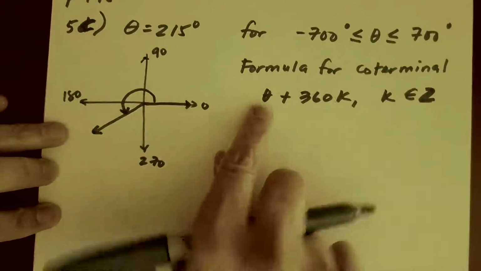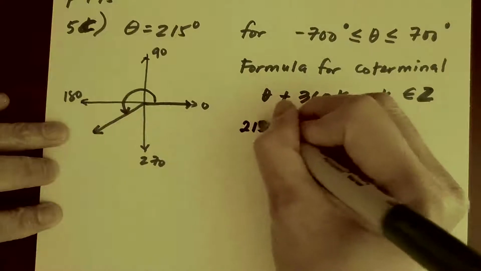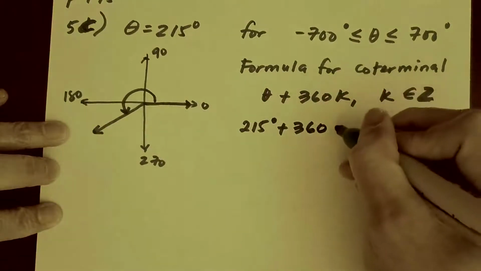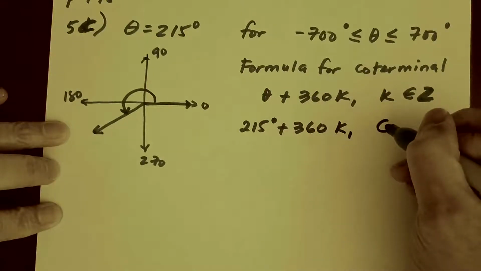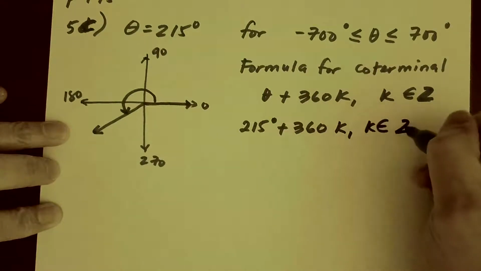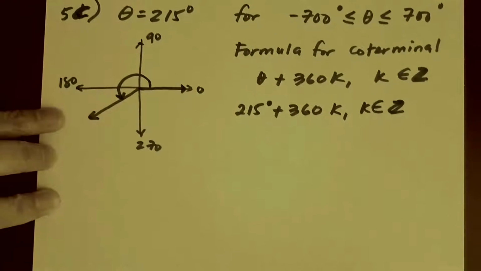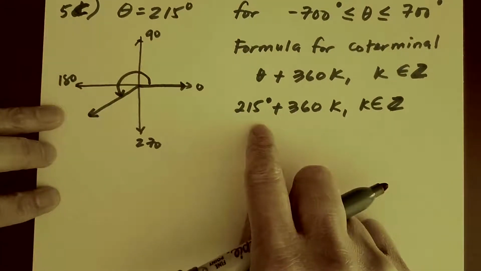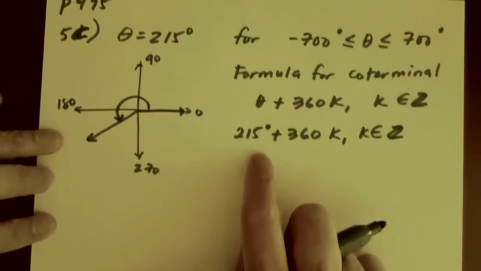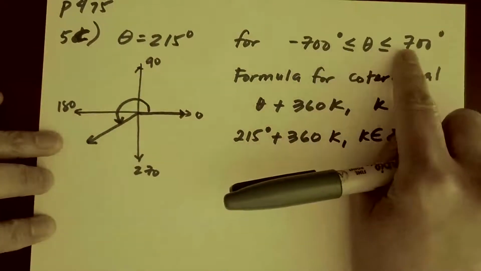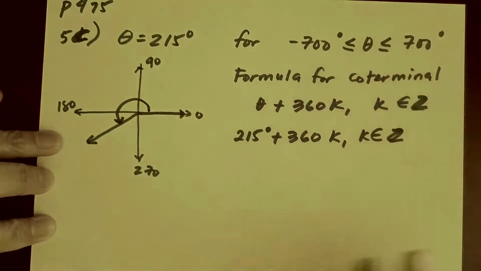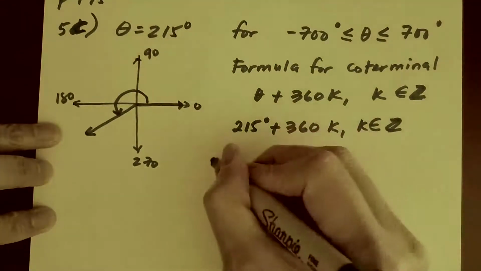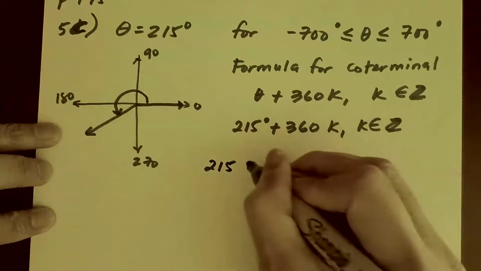So theta is 215 degrees plus 360 times k, where k is an integer. What we're going to do is try to figure out the coterminals within this domain, negative 700 and positive 700. So let's use this one in here and try some.